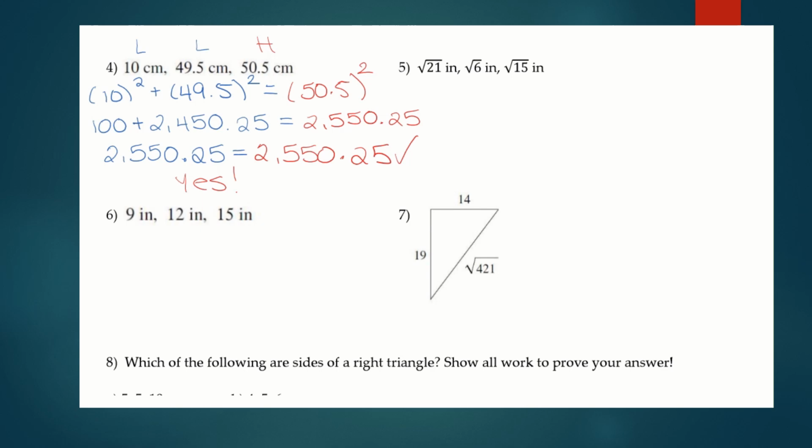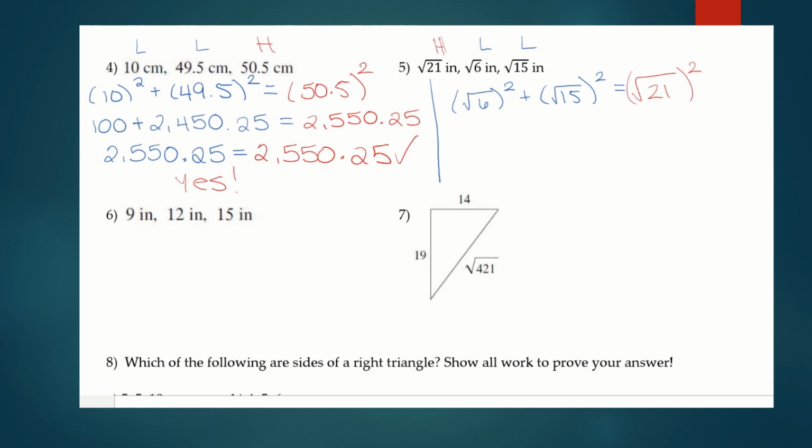So our shortest two sides are going to be square root of 6 and square root of 15. My longest side would be square root of 21. Okay. Plugging these guys in. I'm just going to draw a line here to separate the two problems. The square root of 6 squared plus the square root of 15 squared. We want to see if that equals the square root of 21 squared.